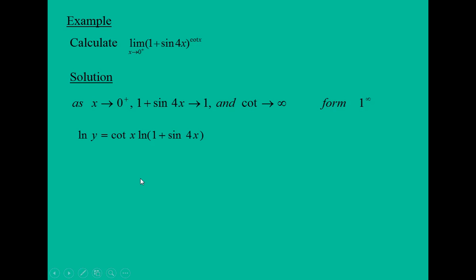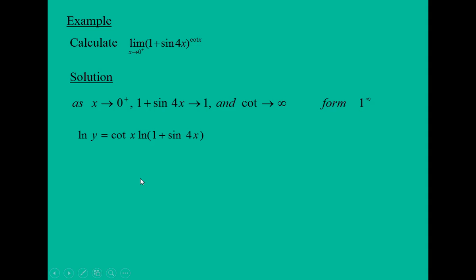So if we take the natural log of both sides and then we'll take the limit of each side as x goes to 0 from the right.